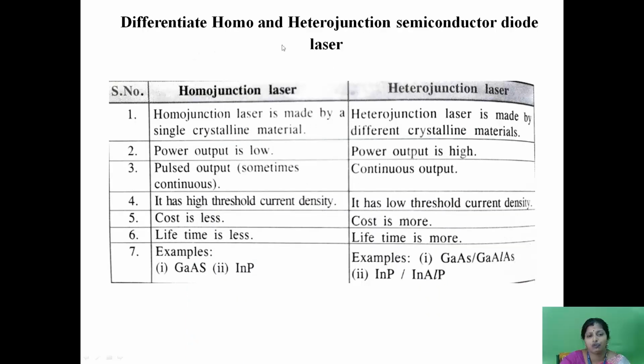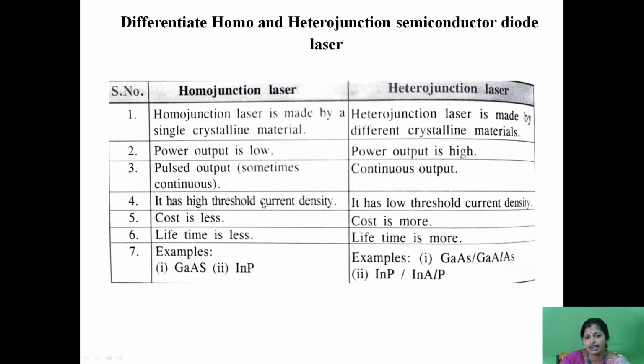Differentiate homo and heterojunction semiconductor diode lasers. Only the major points are given. Point number 1: the homojunction diode laser is made of a single crystalline material, while the heterojunction is made of different crystalline materials. The power output is low in homo and high in hetero. Homo gives pulsed and continuous waveform output, and hetero only continuous waveform.